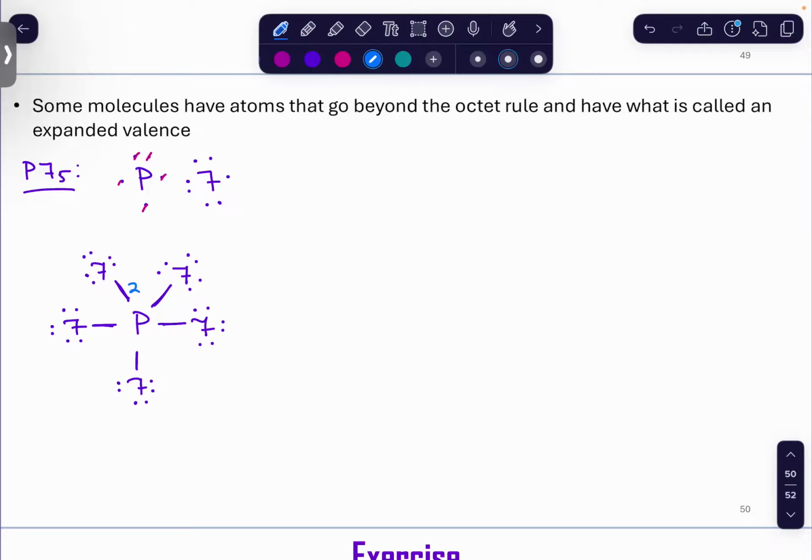Well, we need to start thinking about the energy environment for larger atoms. So phosphorus, its electron structure will be 3s2, 3p3. So you notice that the valence has hit the n equals 3 level.